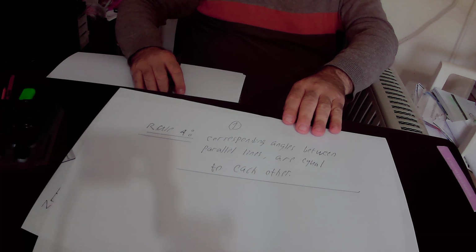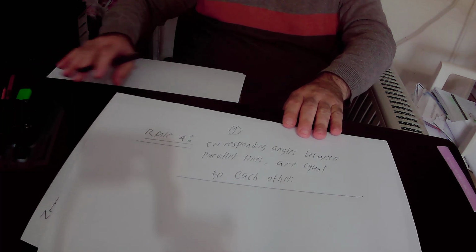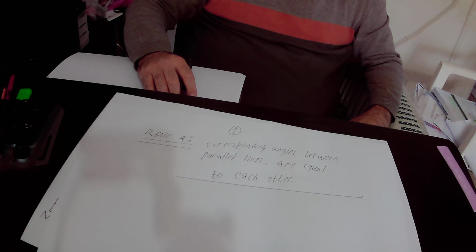I will read rule number 1 again. According to rule number 1, corresponding angles between parallel lines are equal to each other.